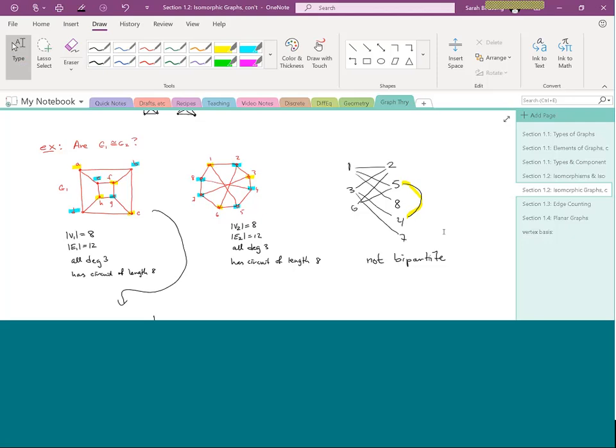In other words, even if the second graph had been bipartite, they wouldn't be isomorphic. That is because of this issue. You got it. The number of vertices in the 2 columns are not the same.